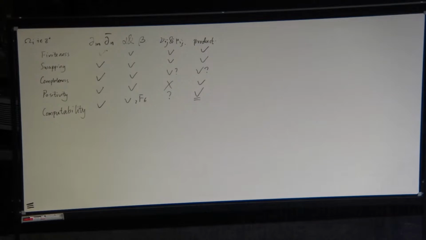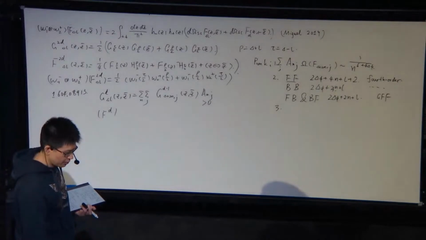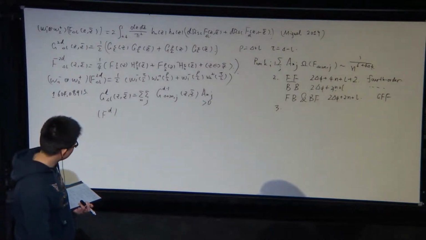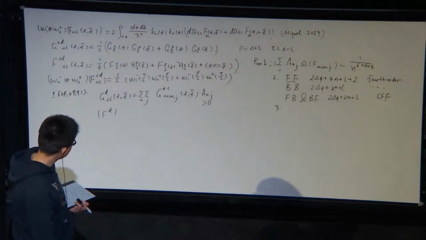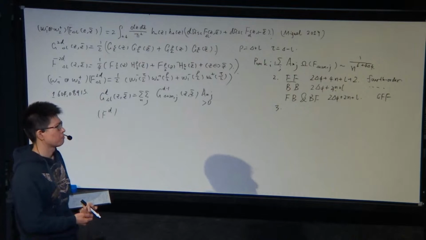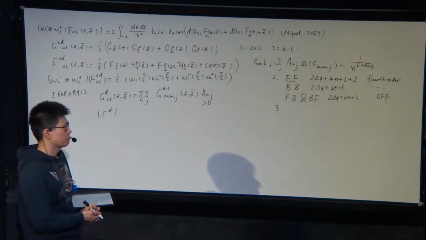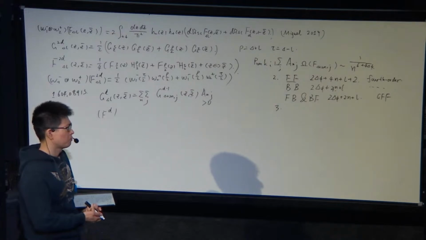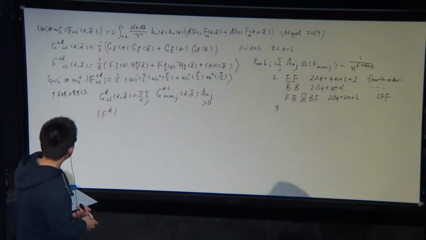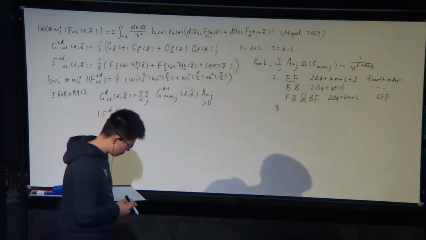Sorry, is it not too positive because it's also positive for non-integer spin? For non-integer spin, yes. Because you're treating rho and tau as continuous parameters, you can, in principle, look at the rho tau plane, and of course there are lines on the rho tau plane which correspond to integer spin.